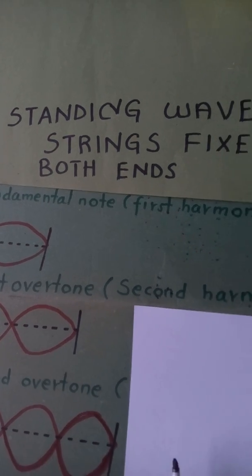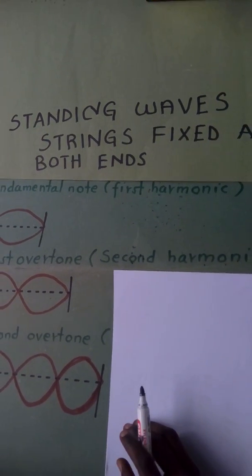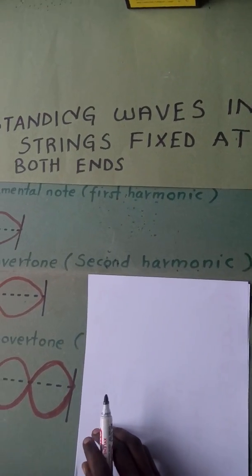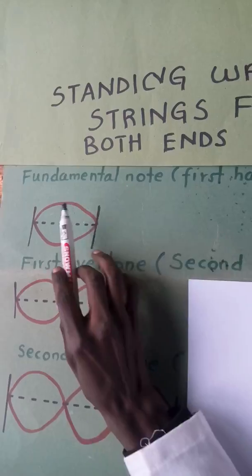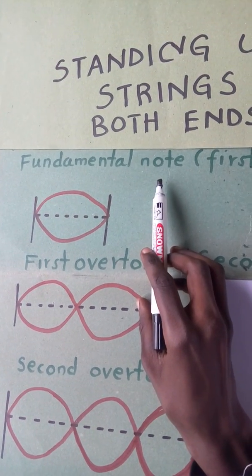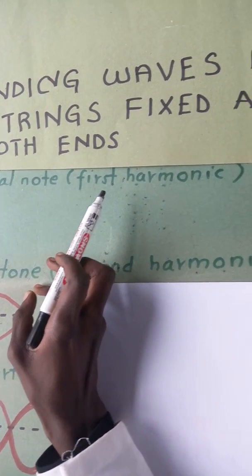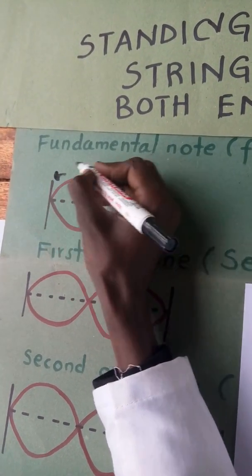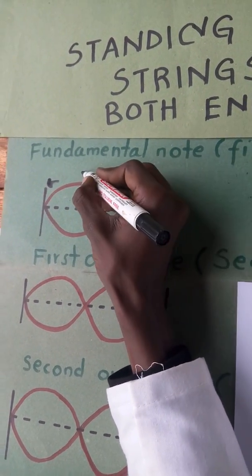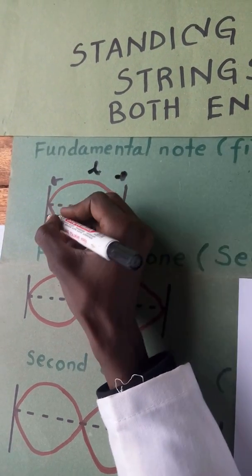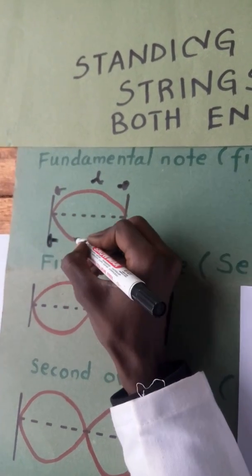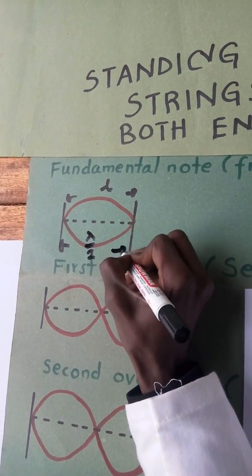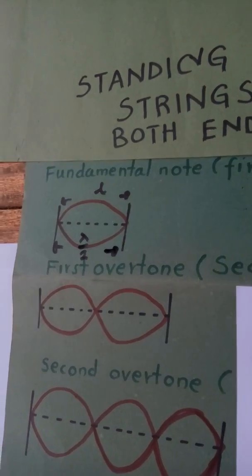Okay, dear students, let's discuss standing waves in a string fixed at both ends. Let us start with the fundamental note, which is the first harmonic. This is the length of the string, from this point up to this point. It is equal to a half wavelength, because this is half a cycle.